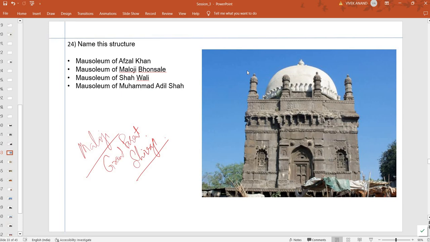So it has the influence of that on the bulbous dome and these minarets. And there was some use of Hindu temple style also, like these jalis from Gujarat, this trellis work you can see, but prominently you can see the Sultanate style or Muslim style. So the right answer is Maloji Bhosle.